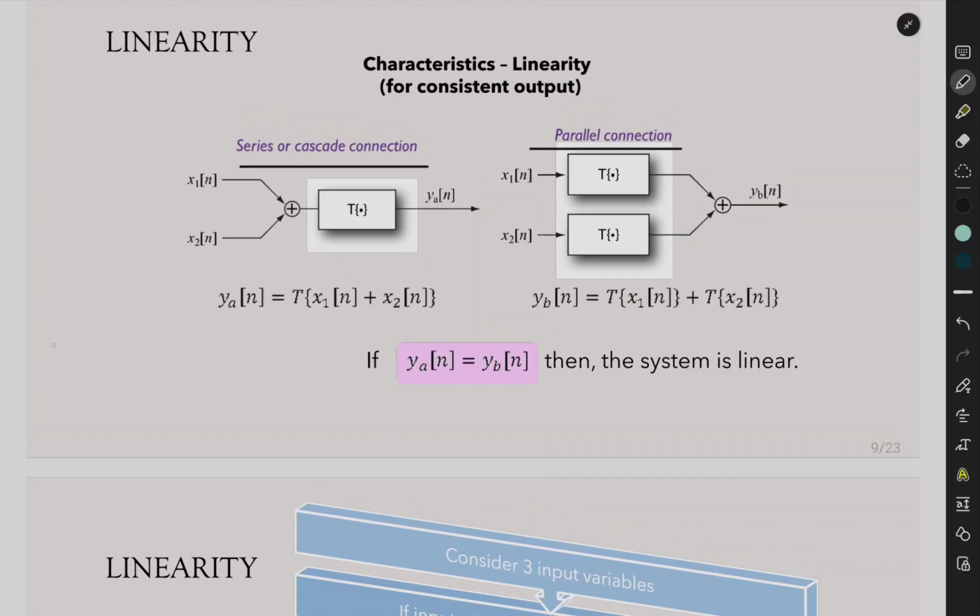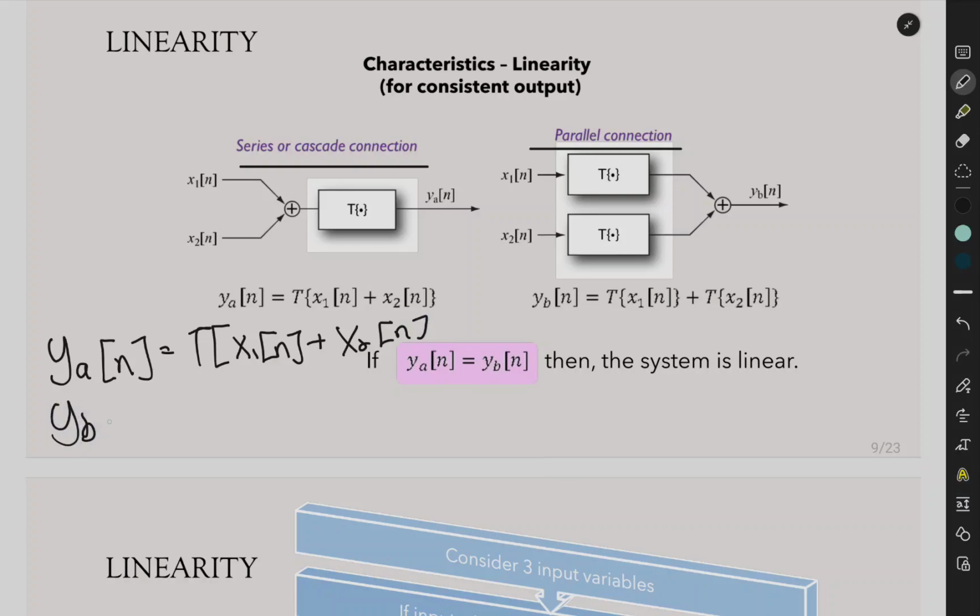Series or cascade means we put the input x1(n) plus x2(n) into one function, T. So the input is inside this T. For parallel connection, the input is put into two functions that are the same, T, so it becomes T[x1(n)] plus T[x2(n)].